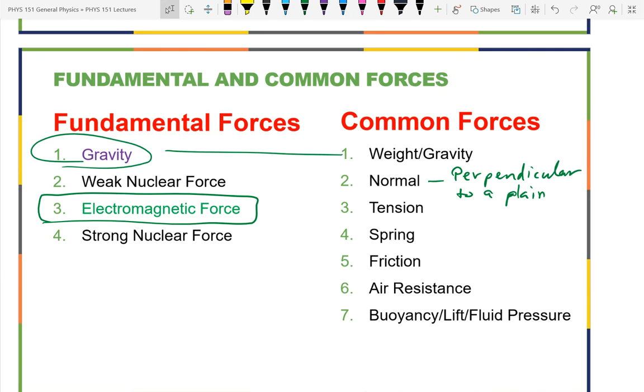So I have here, my string is tied to this little stopper. And so the tension force goes parallel to the string away from whatever it's tied to, or whatever it's touching. So if I put my finger like this, what direction is the tension making a force on the top of my finger?